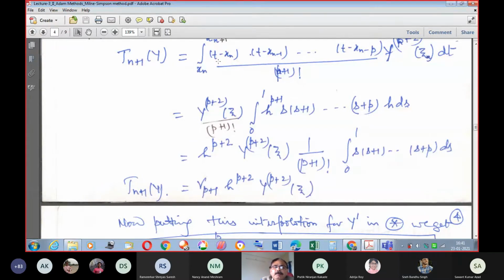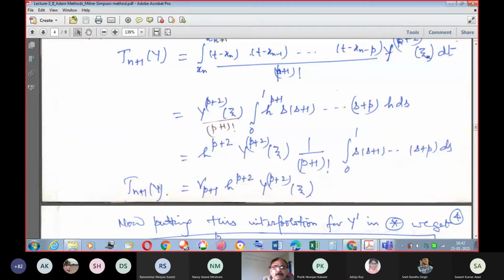So how will you do? You will do that just as it is done earlier: t minus xn is put as hs, t minus xn minus 1 as h into s plus 1, and like that. And then once you write that, automatically we will see that every term has h, so it will be h to power p plus 1, and then one extra h is there with your dt, because dt is h times ds, so it will be s to power p plus 2, and this whole thing will be written as this.